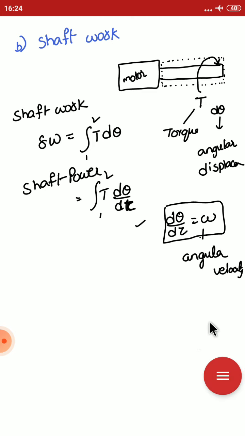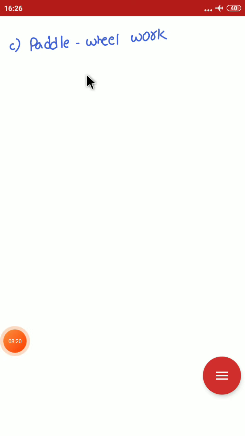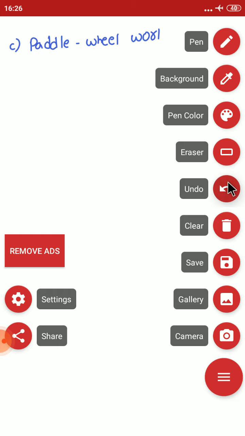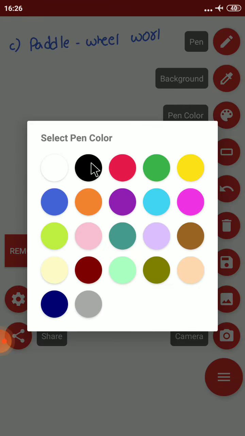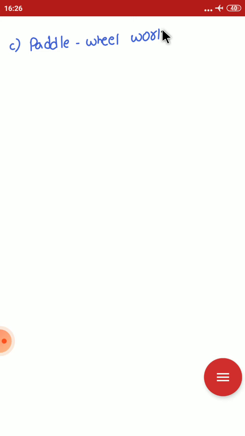Next, other than the PdV work, is the paddle wheel arrangement. The next type of work transfer is the paddle wheel work. Let us show a small diagram. A fluid is in a tank.